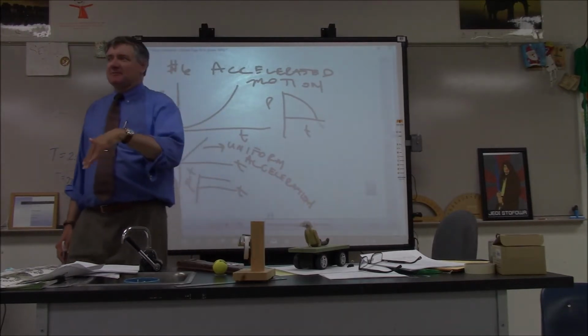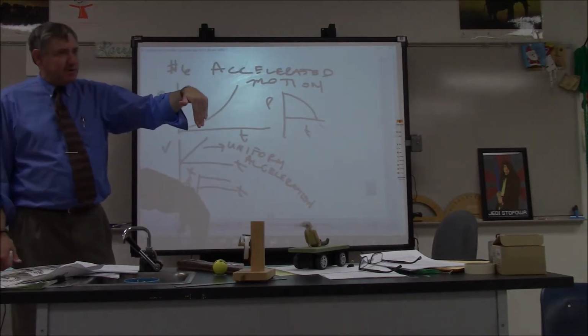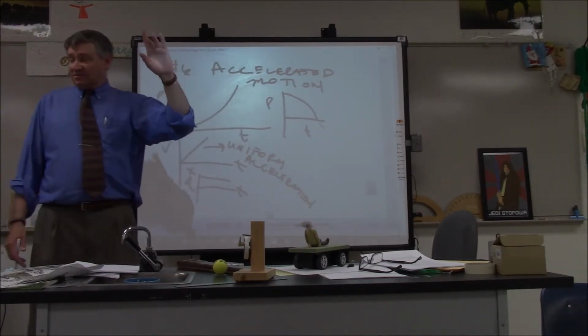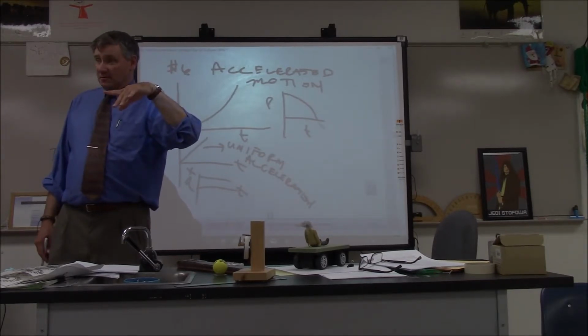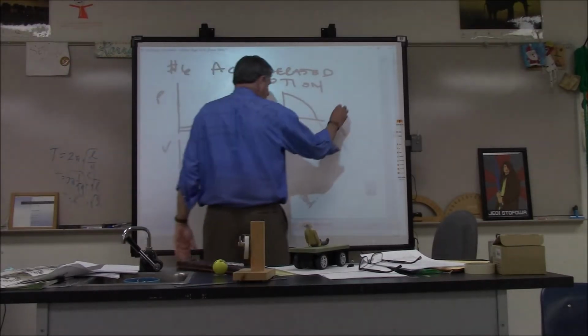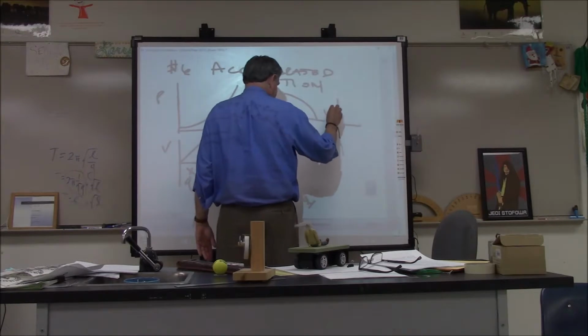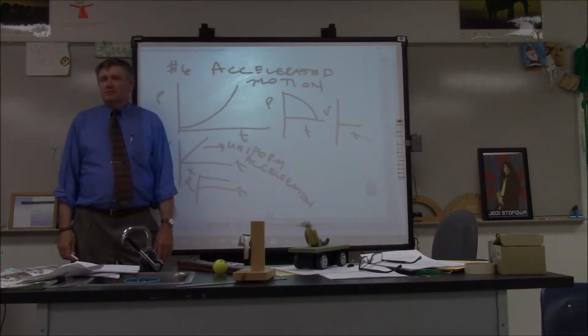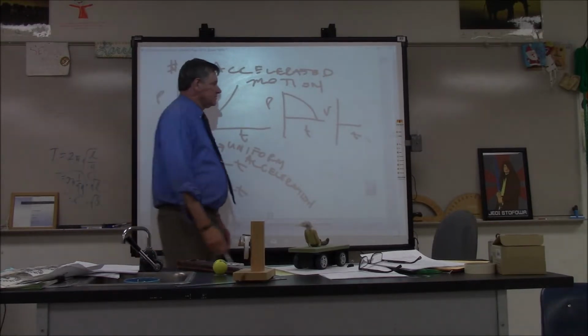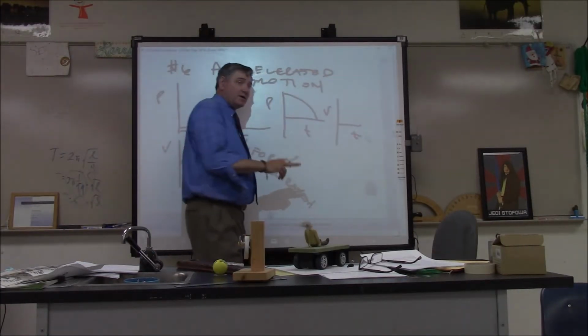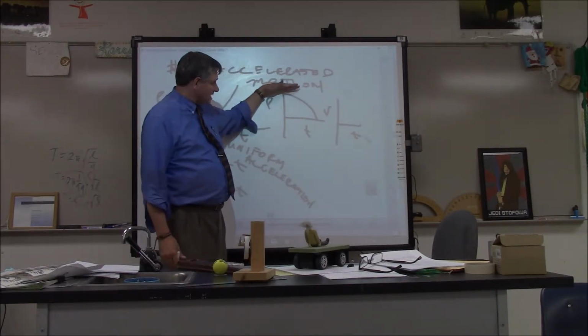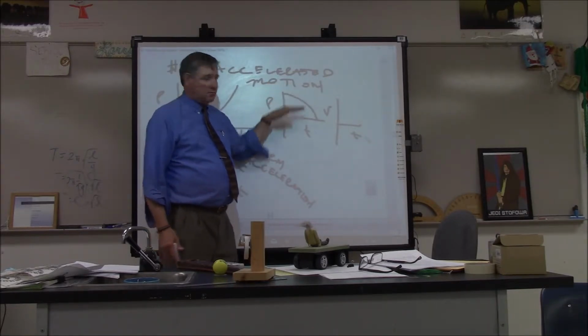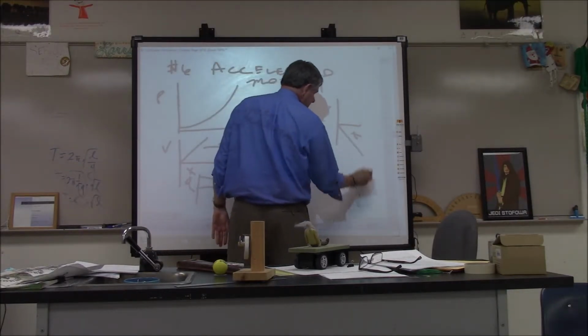Speeding up, right? Isn't the velocity getting bigger? Now, is the velocity negative? Yeah. So, how would that look on a velocity time graph? It'd be negative, in the negative region. It would start at kind of zero-ish, and then do what? Go down like that.